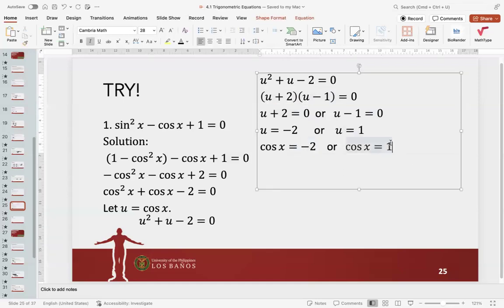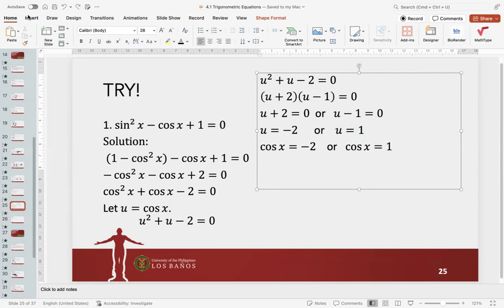So from here, just like what we did in the previous example, remember that the range of cosine is from negative 1 to 1, meaning it cannot have a value that is less than negative 1 or more than 1. But negative 2 is clearly less than negative 1.